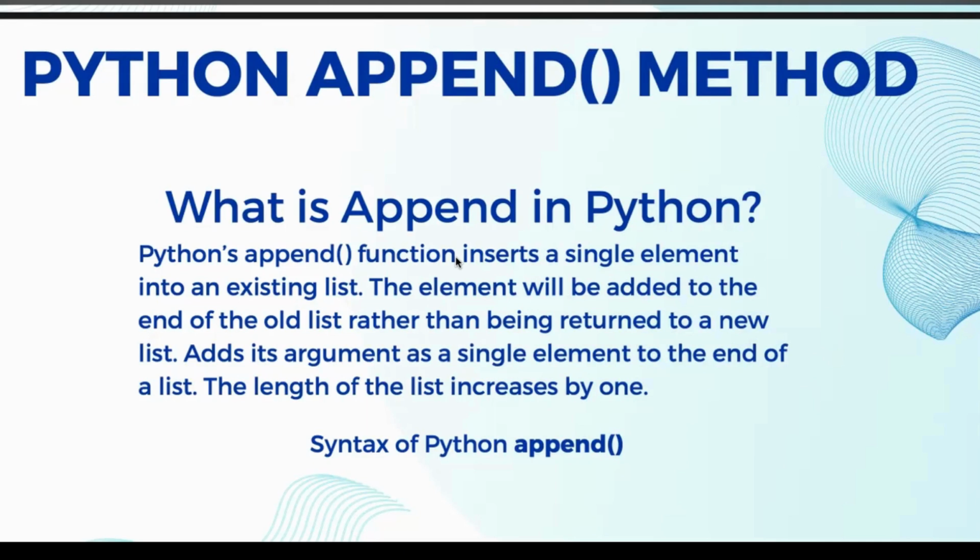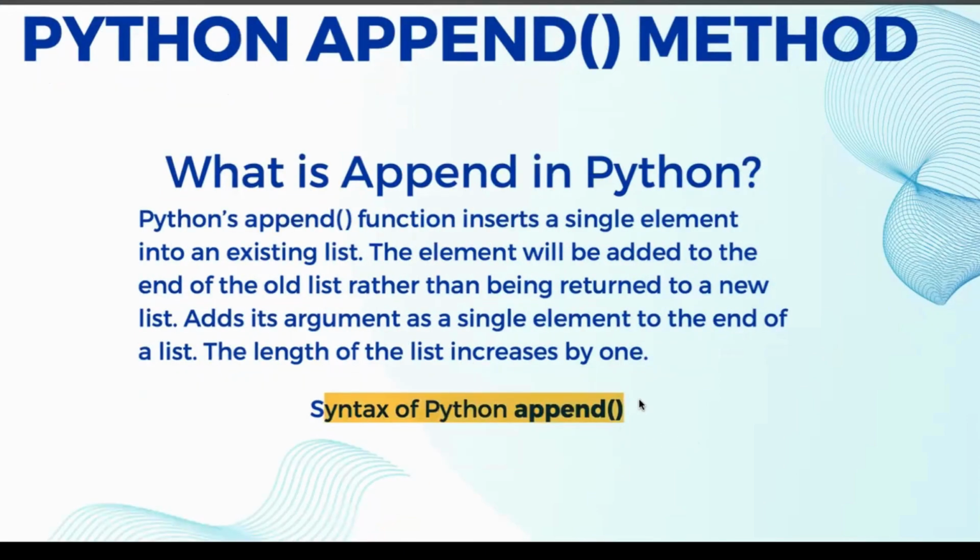So whatever you have existing, if you need to increase it by inserting an element, you just use this append method. The syntax in Python is append followed by brackets.